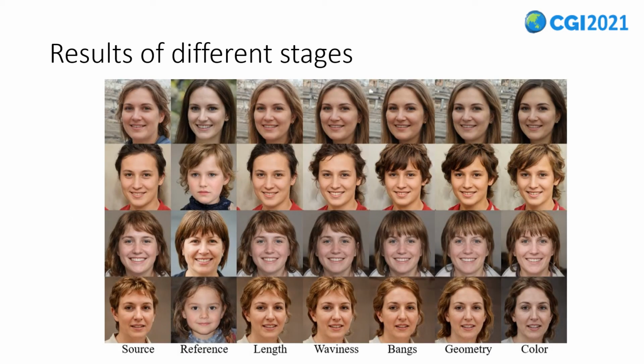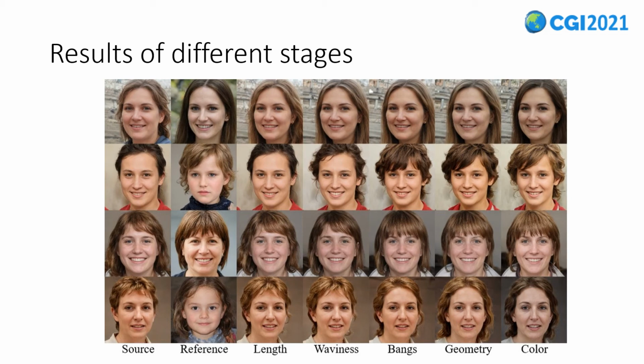Experimental results. This figure shows results in different process stages. You can see that each feature mapping subnetwork only focuses on corresponding attribute without manipulating other attributes.